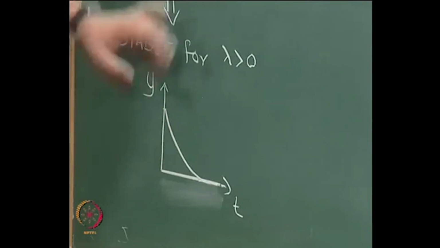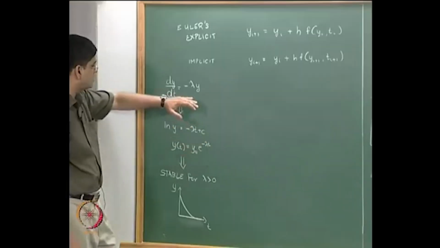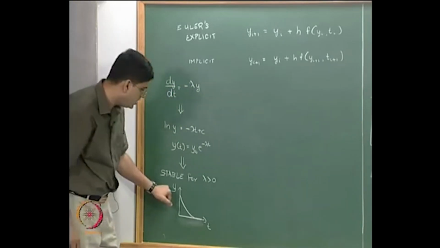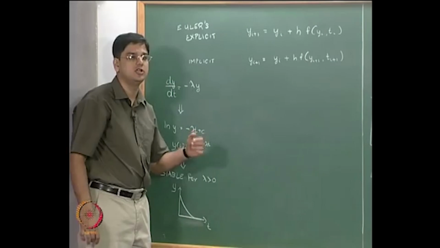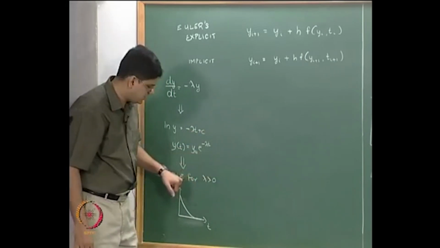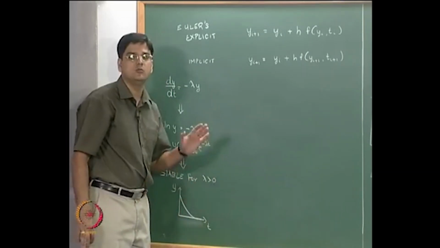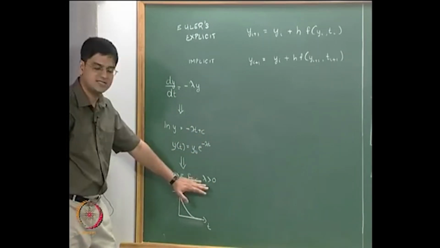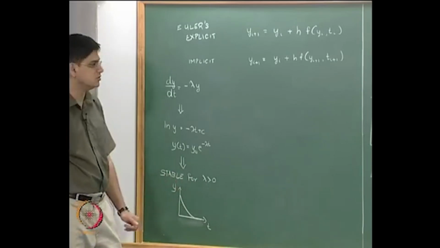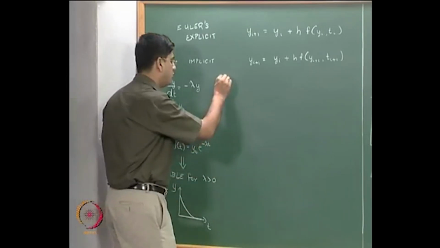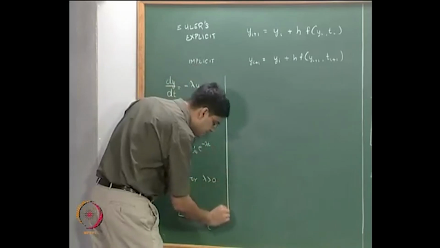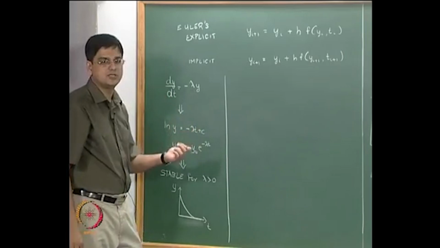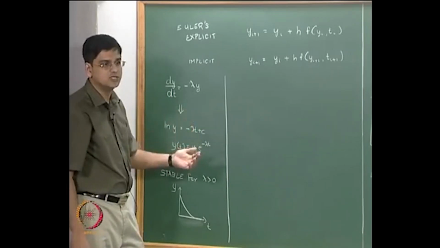So the two physical features of the analytical solution of this equation are, one, that the solution settles down to y equal to 0, and second, it settles down monotonically provided lambda is greater than 0. If lambda is less than 0, of course we are going to get an unstable solution. Now what we want from our numerical method is, first, that the numerical method of our choice should converge to a value.